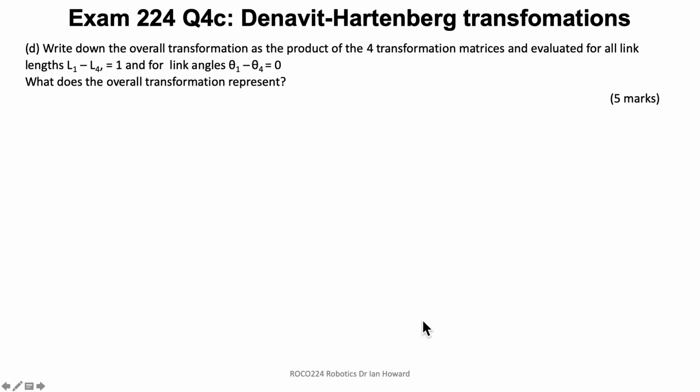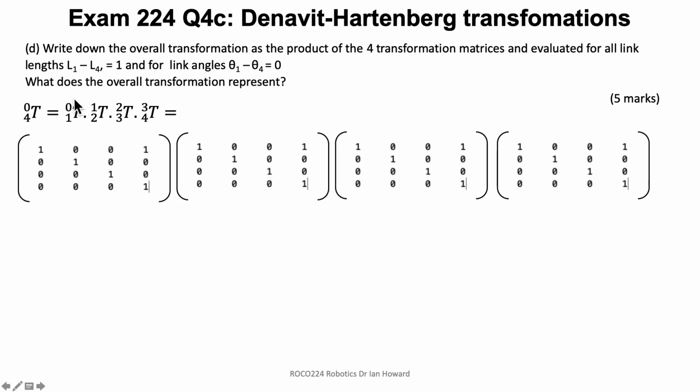So that should immediately tell us the answer then. What is the overall transformation matrix? Well, we get that by multiplying them in the right sequence, starting at the end all the way back. So transformation from 4 to 3 times 3 to 2 times 2 to 1 times 1 to 0. We just have to multiply the matrices out, and unsurprisingly, we end up with a nice simple result.